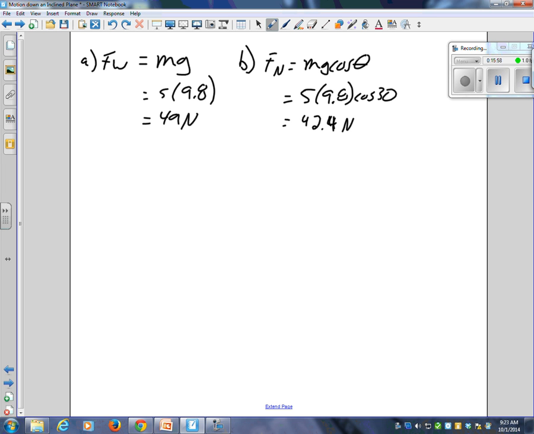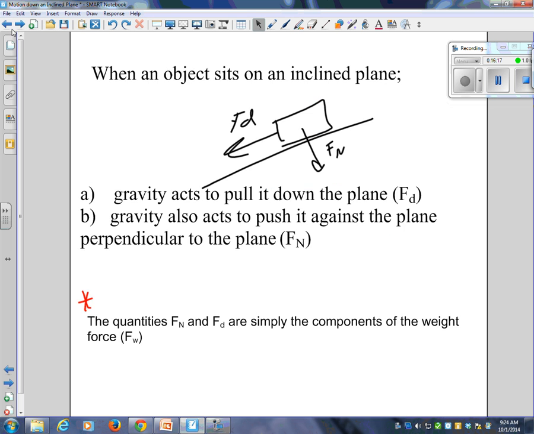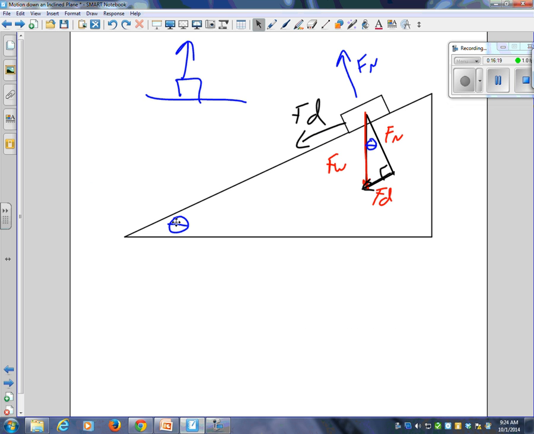The question is, is Fn always going to be mg cos theta? It always depends on the angle. If the angle is ever moved, then that changes the cosine-sine relationship, doesn't it? Like if the angle was the other one in the triangle, then it changes. Am I ever going to describe the angle of a ramp with that other angle, which I'll call beta just to have it different?